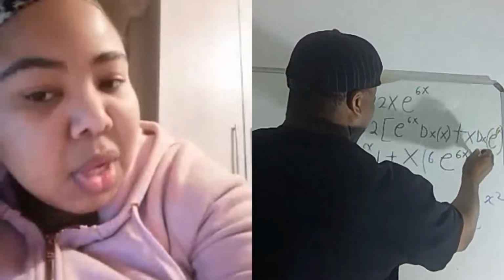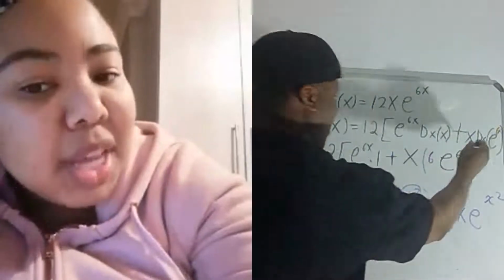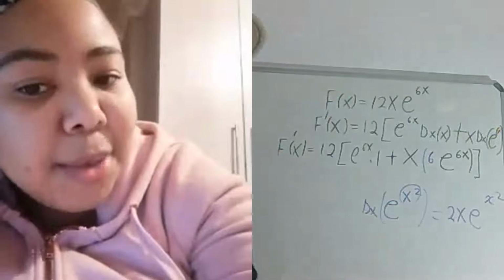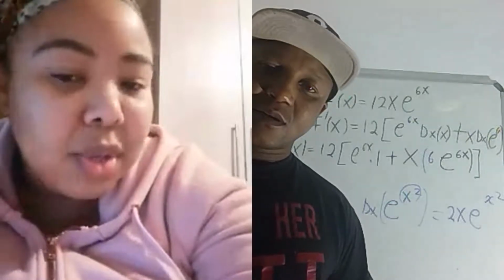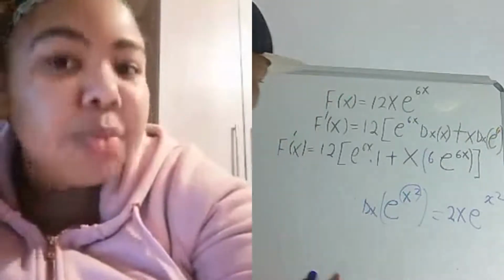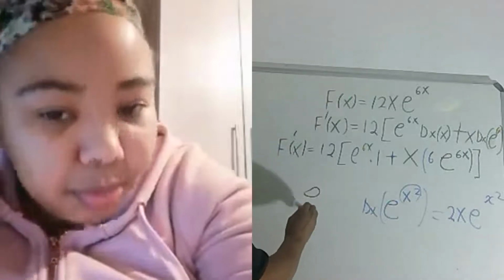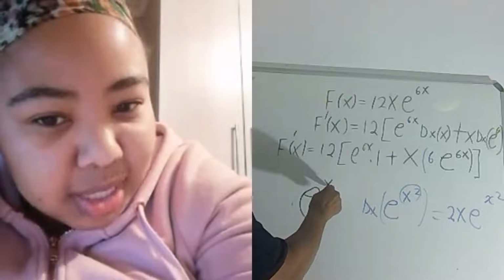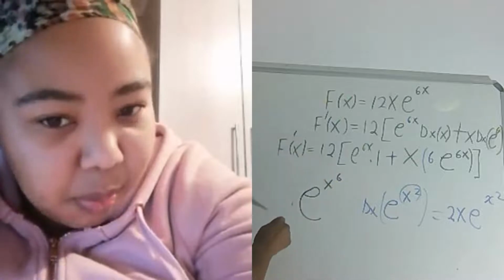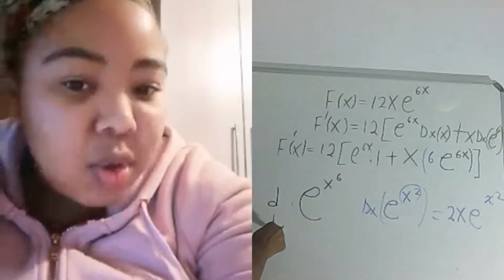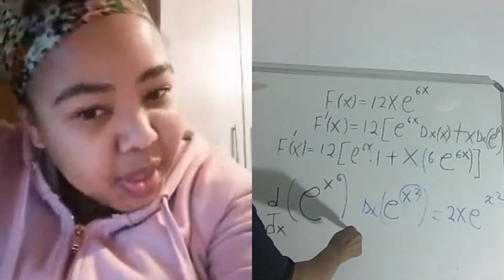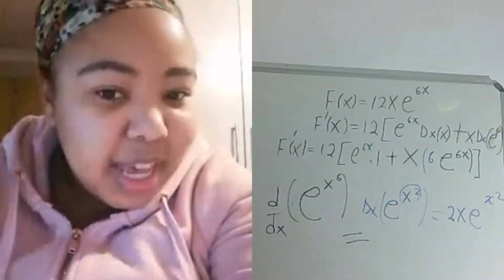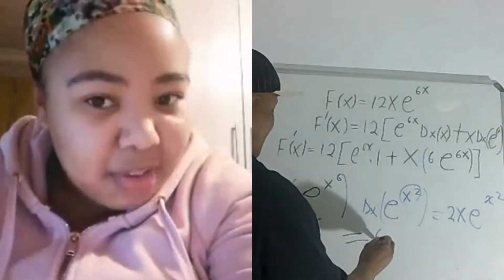So this is going to give us 6e^(6x). Hamish, can I just ask, if it was, let's say, e to the power of x to the power 6, then it would be 6x to the power 5, correct?